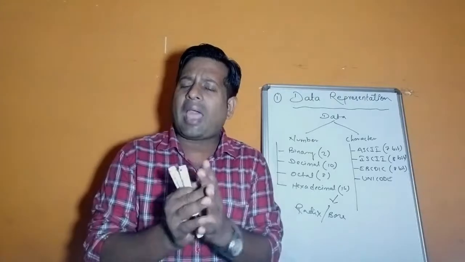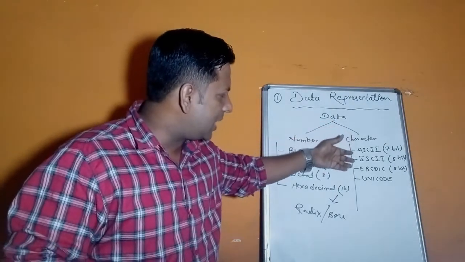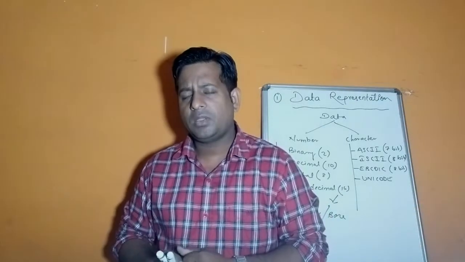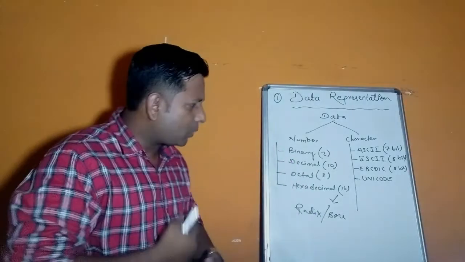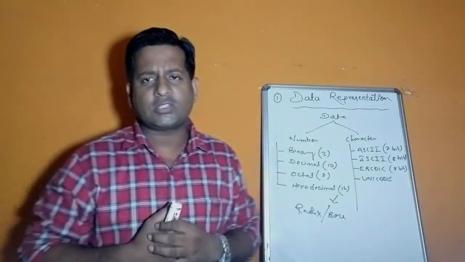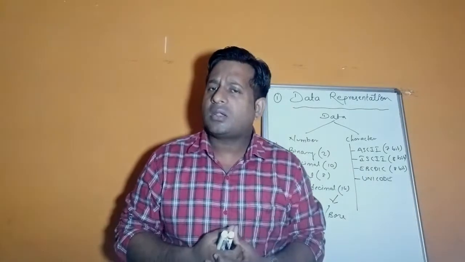So these all had certain limitations. The maximum ASCII, ISCII and EBCDIC could store was 256 characters. That was not enough, because gradually we have so many different countries' languages and regional languages. We need more and more characters to be represented in a technology.